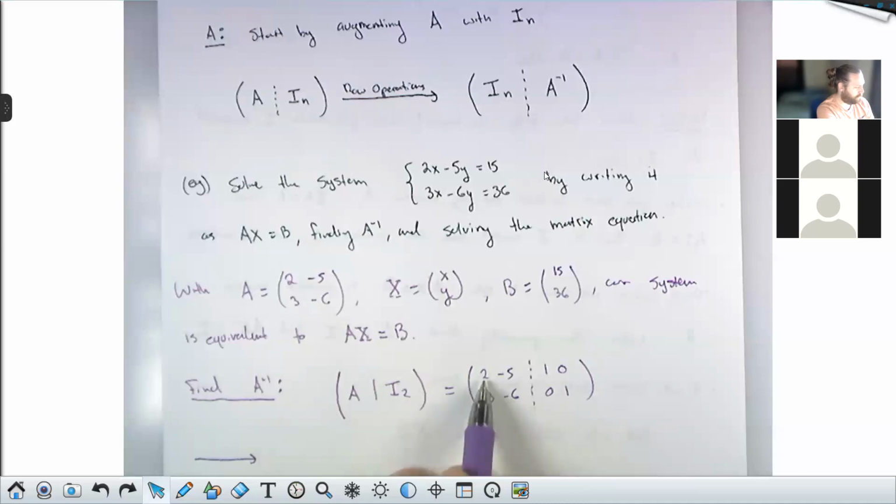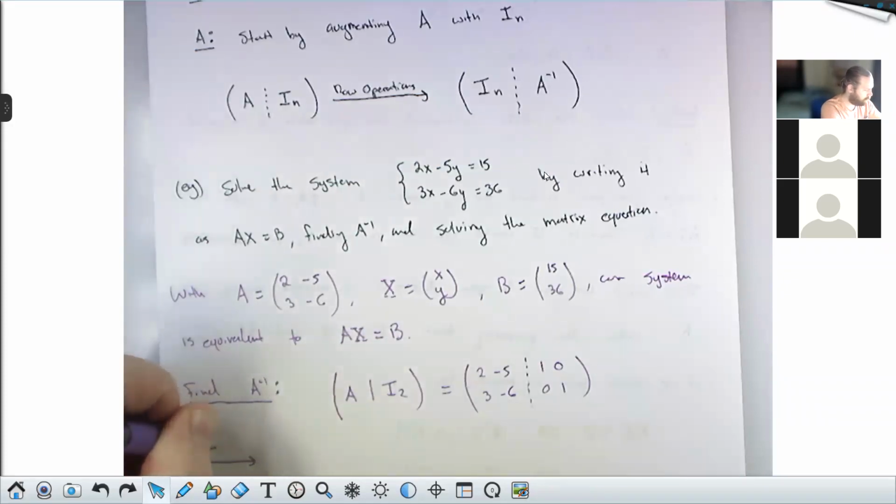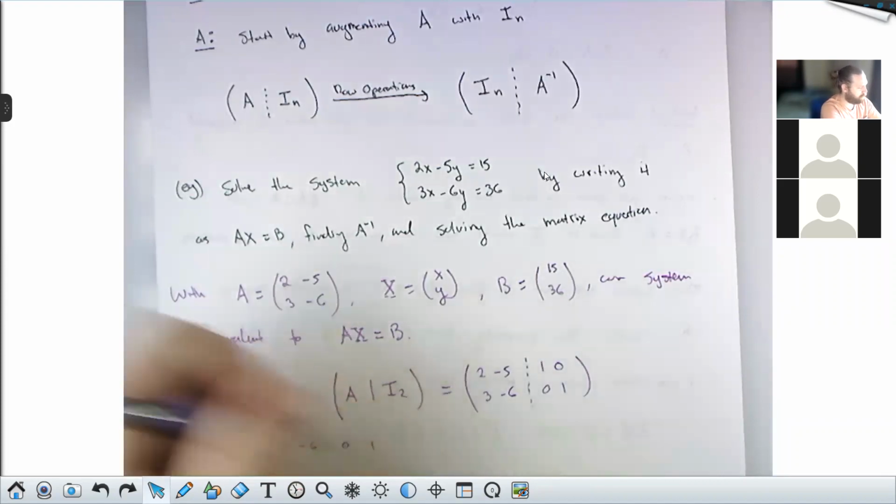That means I want a 1 here, I want a 0 here, I want a 1 here, I want a 0 here. First thing I'm going to do is swap rows 1 and 2. This is one of those row operations we don't use a lot, but it's nice here.